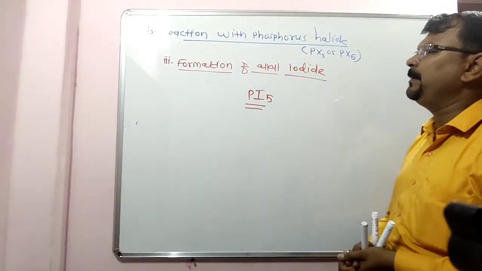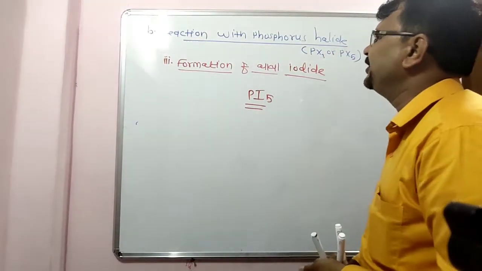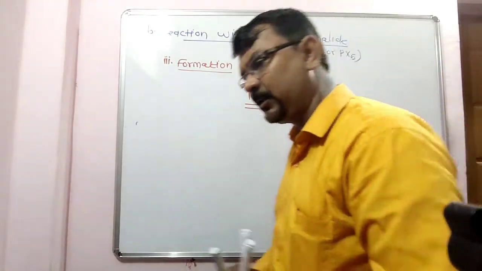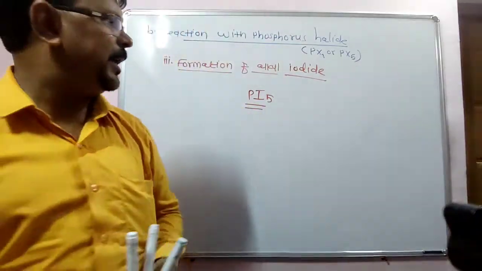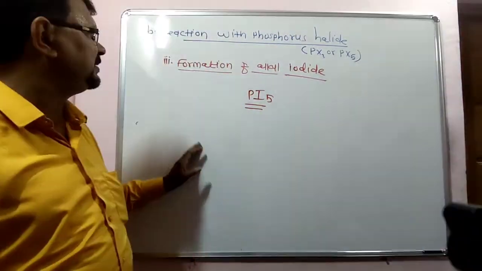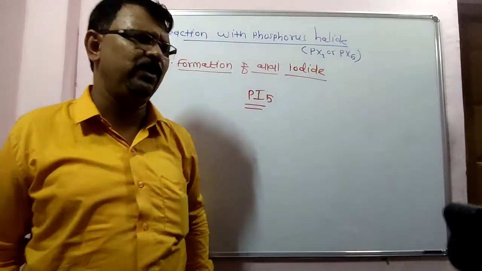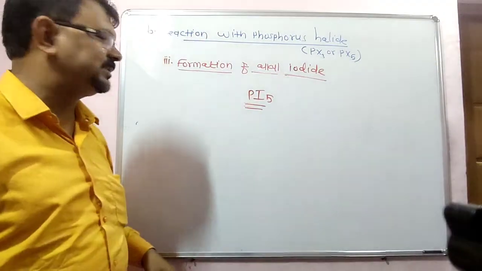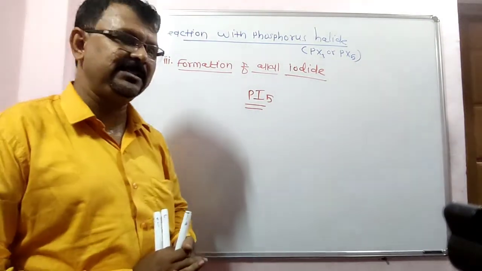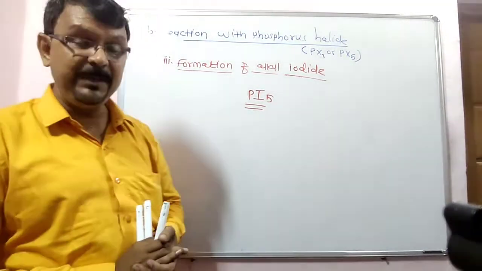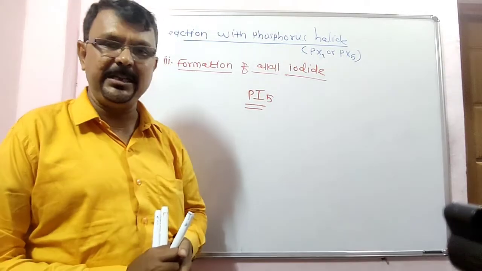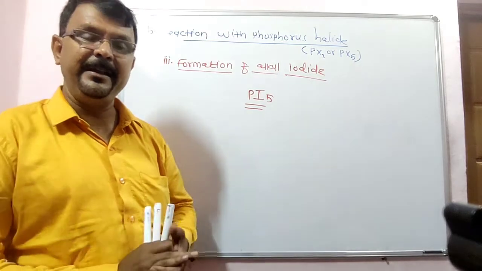Look here, a most important point, the heading: the reactions of the phosphorus halides. First is the formation of alkyl chloride, second the formation of alkyl bromide, and last the formation of alkyl iodide. All the reactions are nucleophilic substitution reactions. In these reactions, PCl3 and PCl5 are more stable, and PBr3 and PI3 are less stable.